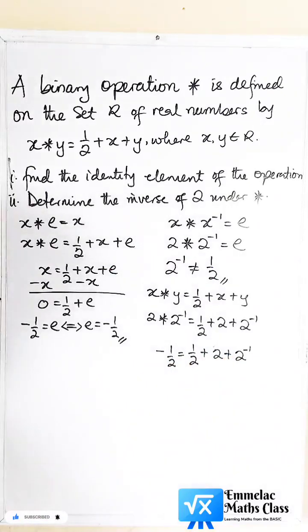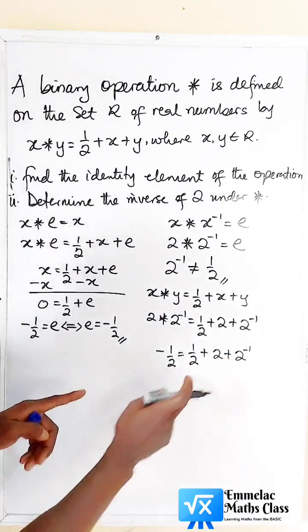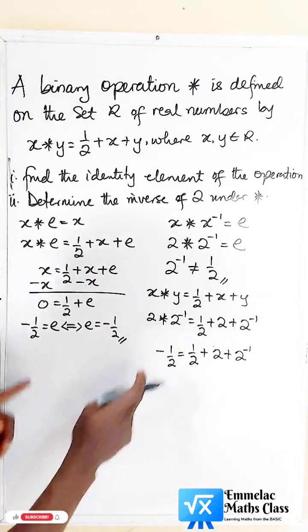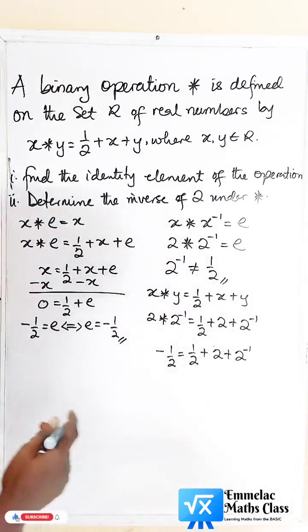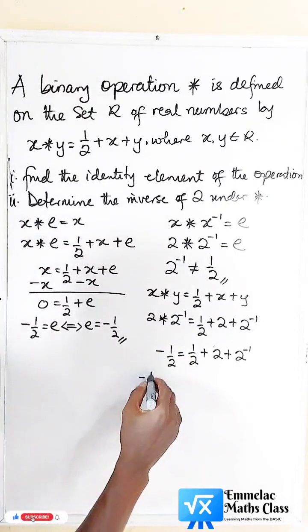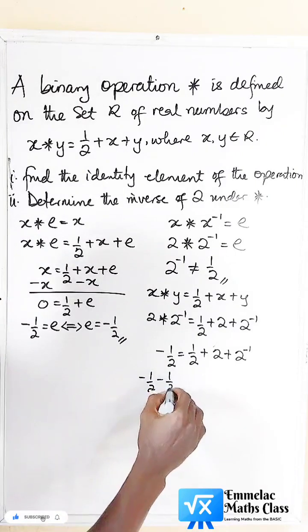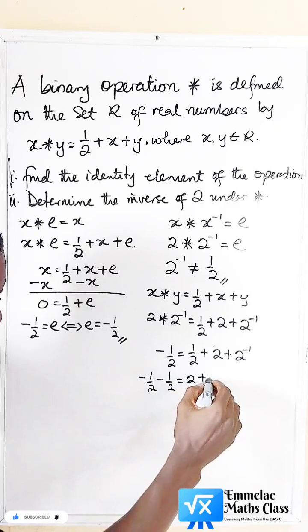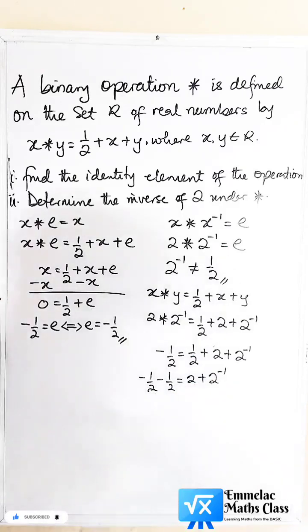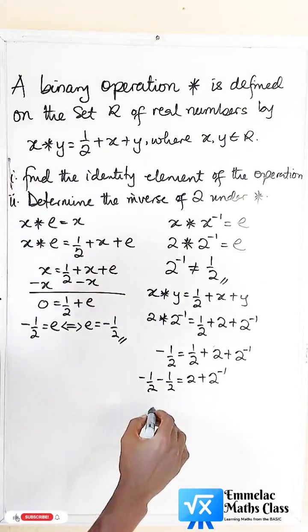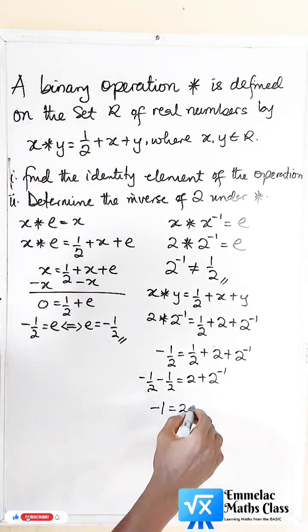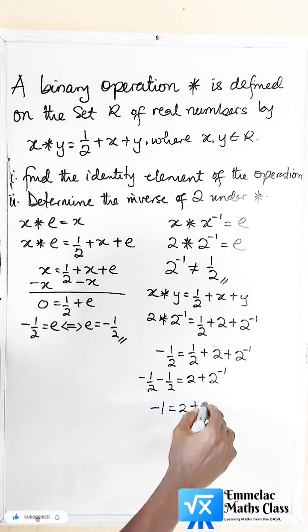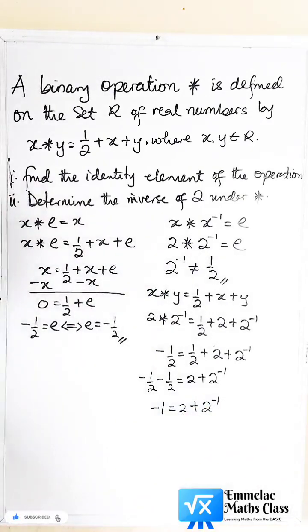Now let's bring 1 over 2 to the left hand side, and that will make it negative. So you have negative 1 all over 2 negative 1 all over 2 equals 2 plus the inverse of 2. Now we have negative 1 equals 2 plus the inverse of 2.